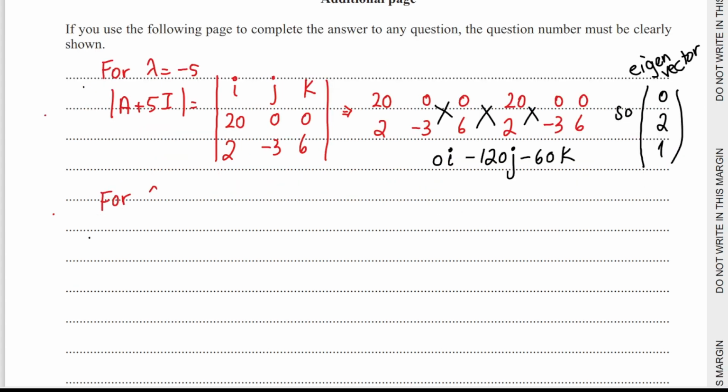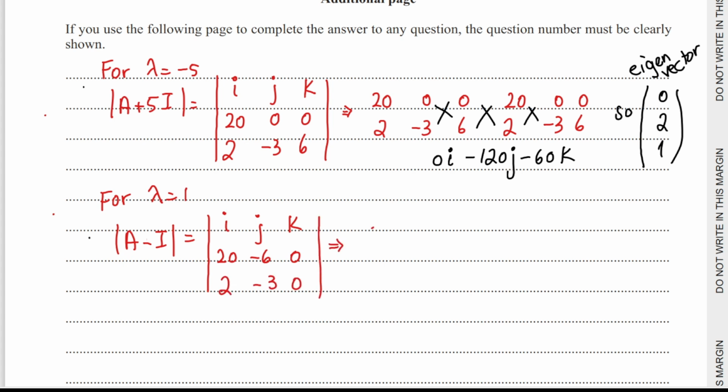Now, for λ = 1, determinant of A − 1I equals i, j, k at the top, and then I will choose two independent rows from A − I. So (20 − 6, 0) and (2, −3, 0).